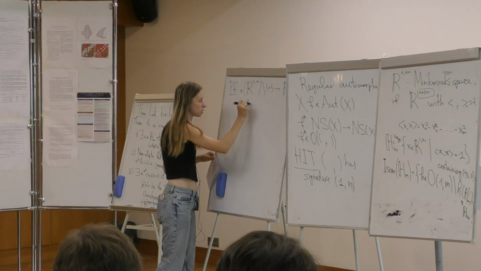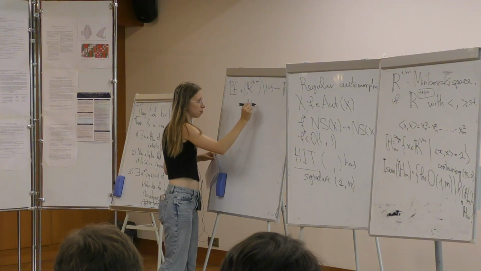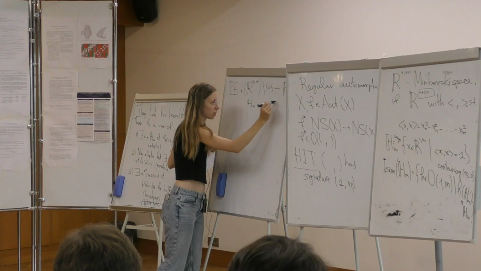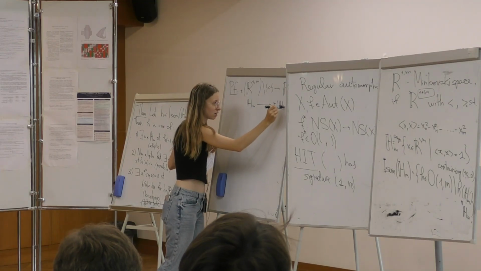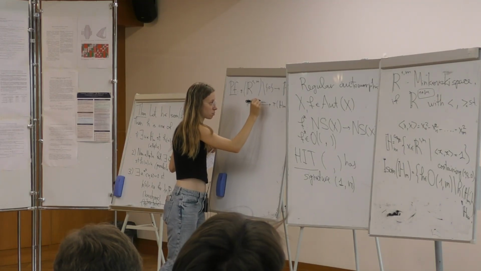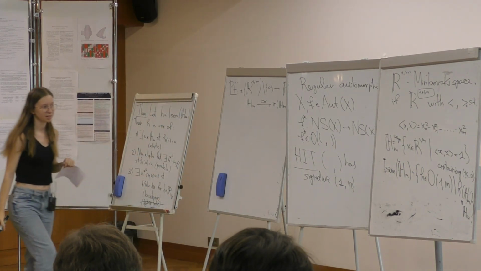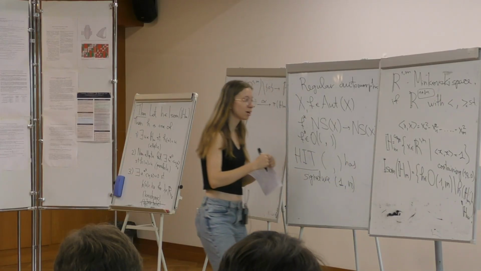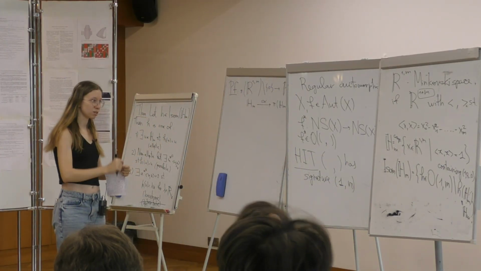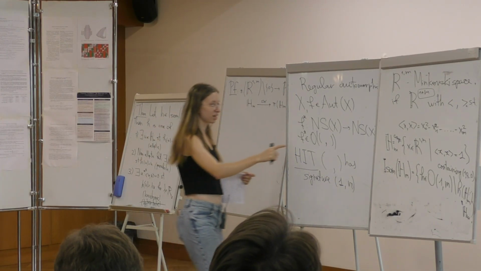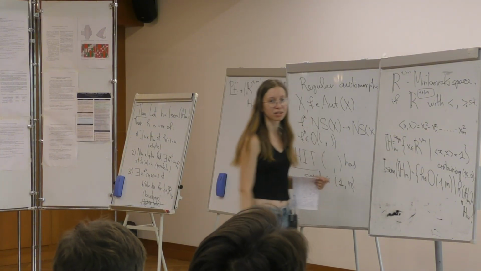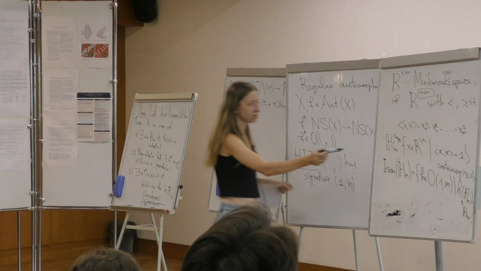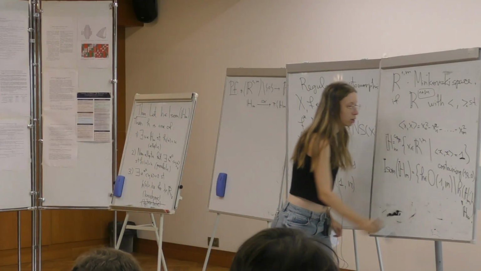HM maps to its image P of HM, and this map is an isomorphism, because for any x inside HM, the line passing through x intersects HM only in one point. All proportional vectors won't be of square 1.